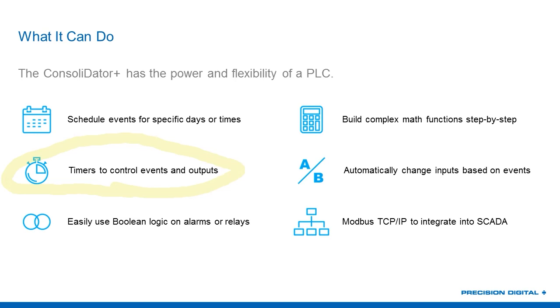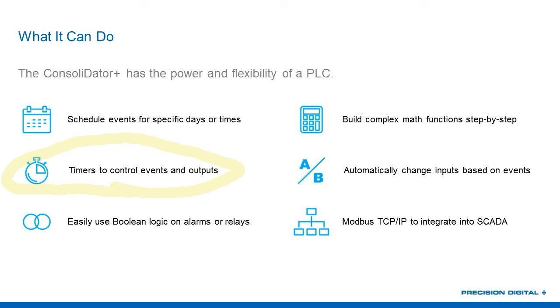Or let's say we actually want a timer to start when an alarm goes off. The example I usually give for this is we have a tank with a high-level alarm, and for whatever reason, when the alarm first goes off, the operator may ignore it. They might be busy doing something else, and they plan on getting back to it 5 minutes later. But of course they forget. And so now this high-level alarm has been on for 5 minutes, and it might even be leaking all over the place.